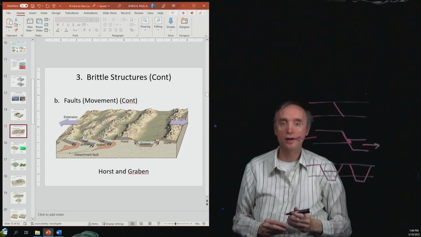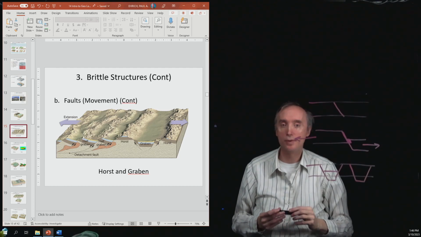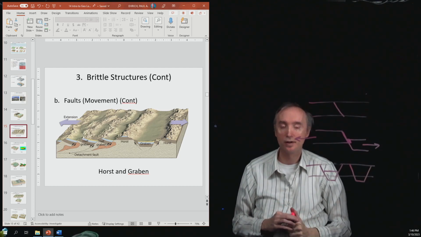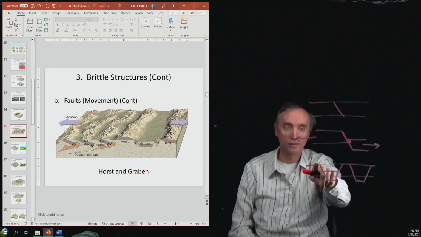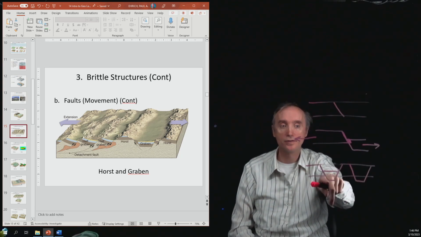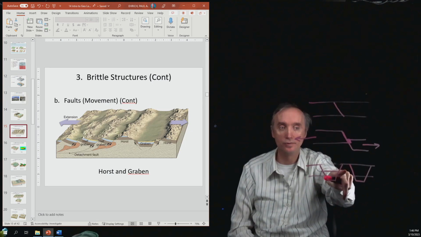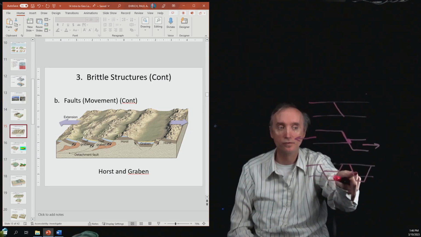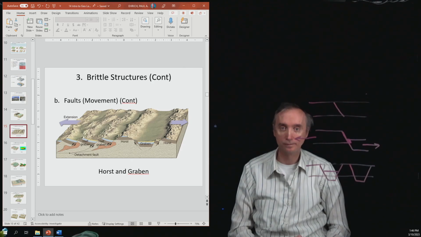This is very common if you go to the Basin and Range province of the United States. It's a whole series of these Horsts and Grabens. The Horsts form the mountains, and the Grabens form the valleys in between them.